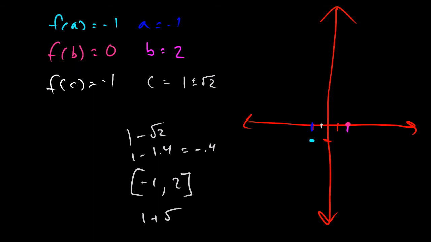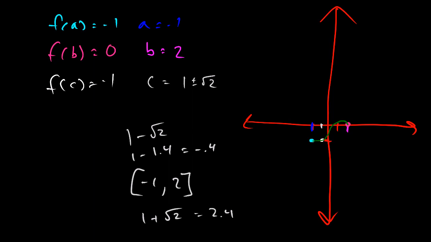So 1 plus the square root of 2 is equal to 2.4, which is outside our interval. So if our f of c is equal to there. Using these 3 dots, I'm sorry for all the colors, we're going to create a function that goes through all of them.